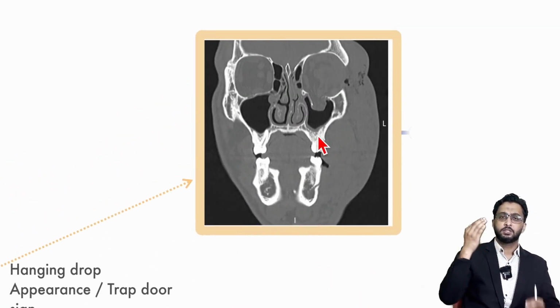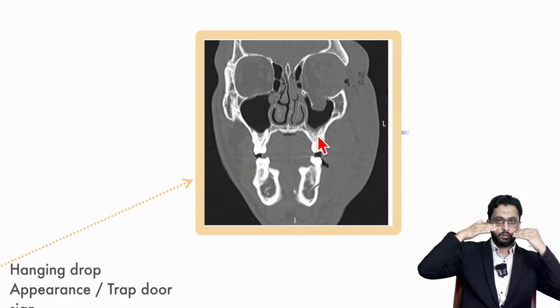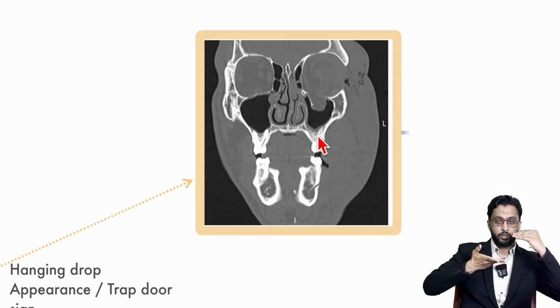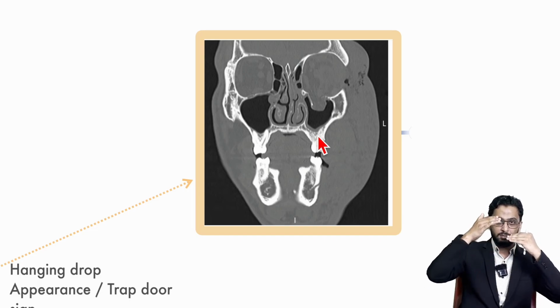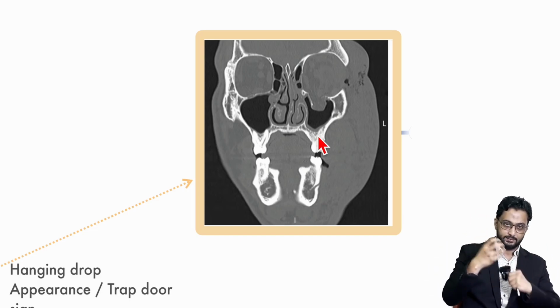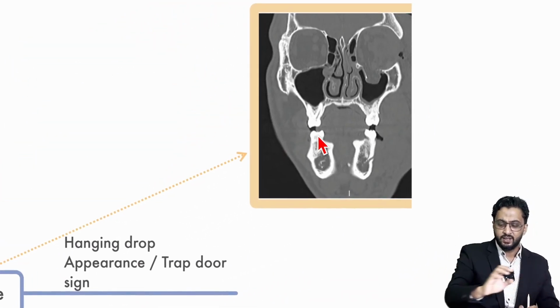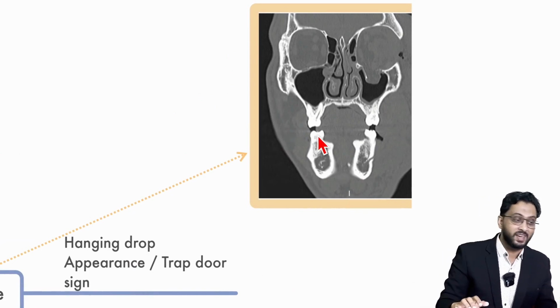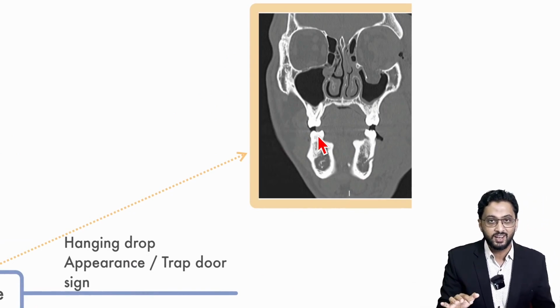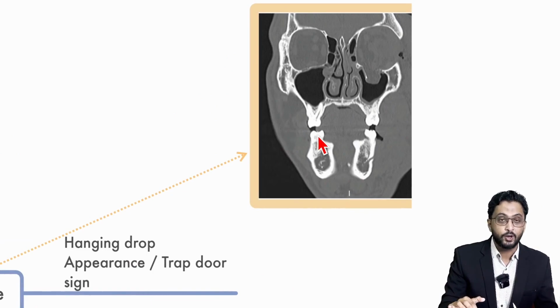Anyway, the trap door means the floor of the orbit or the roof of the maxillary sinus, both are the same, isn't it? It is trapping the muscle, so it acts as a trap door. This is majorly how I want you to learn how to differentiate between your blowout and blow-in radiographically.